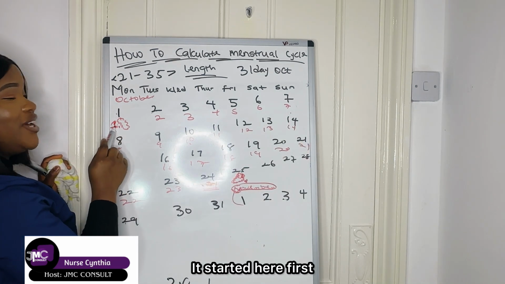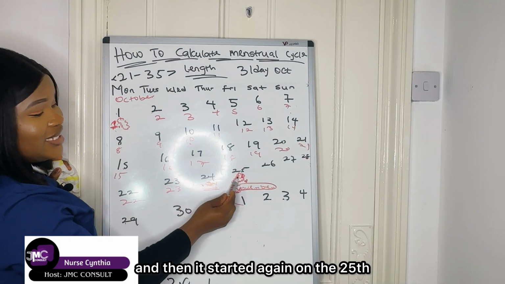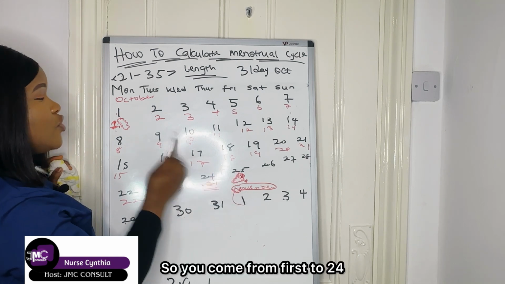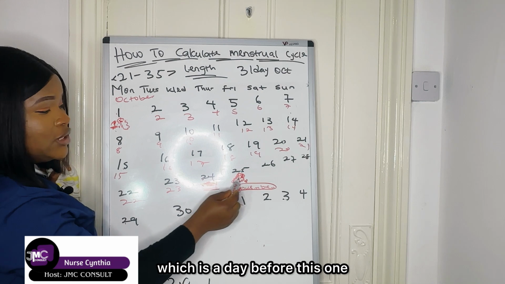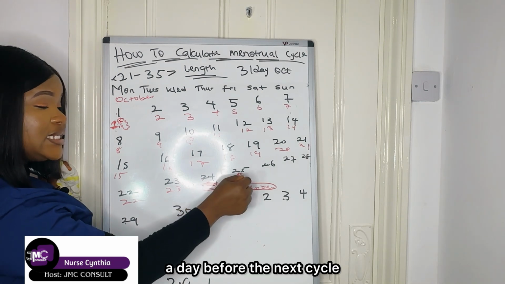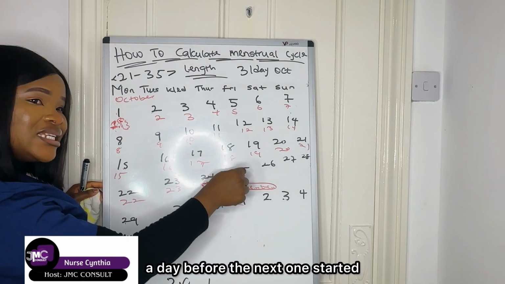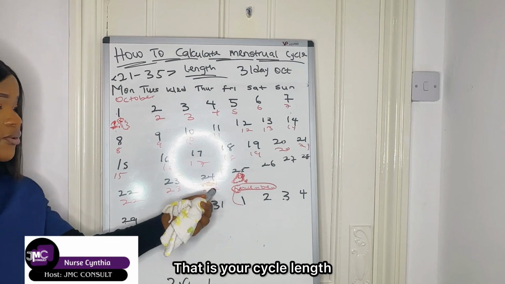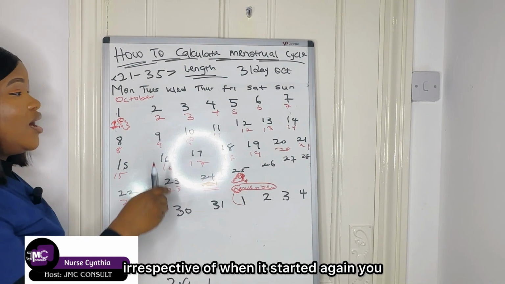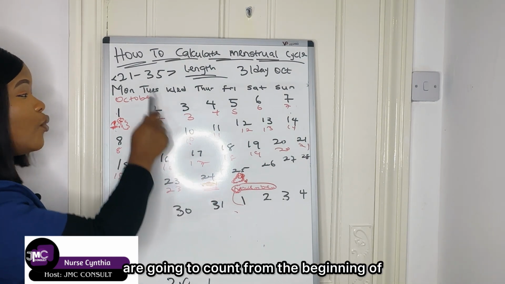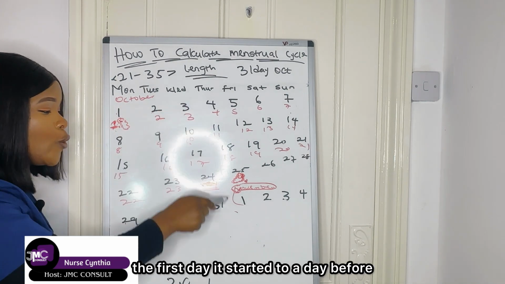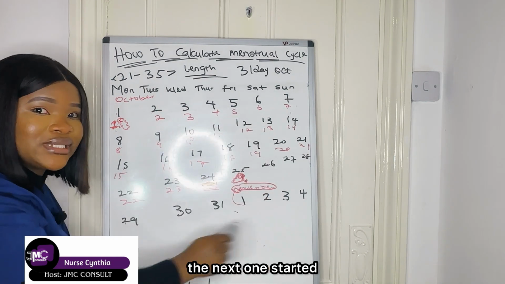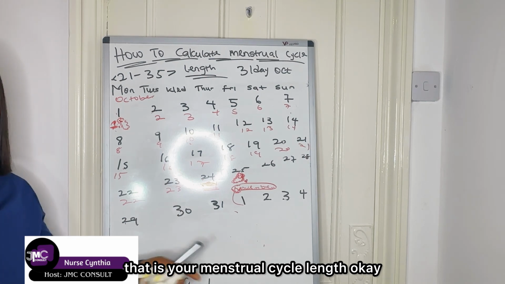It starts on the first and then starts again on the 25th, so you count from the first to the 24th, a day before the next cycle started. That is your cycle length. Irrespective of when it started again, you count from the first day it started to a day before the next one started. That is your menstrual cycle length.